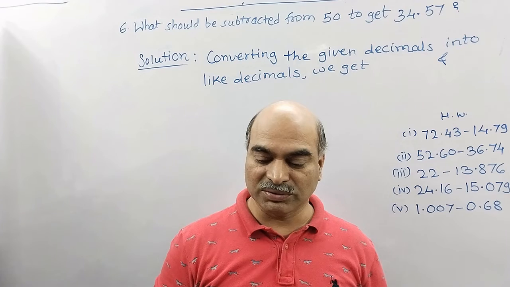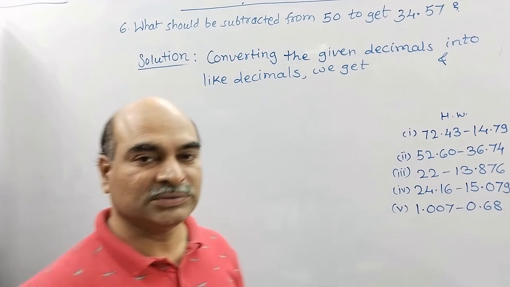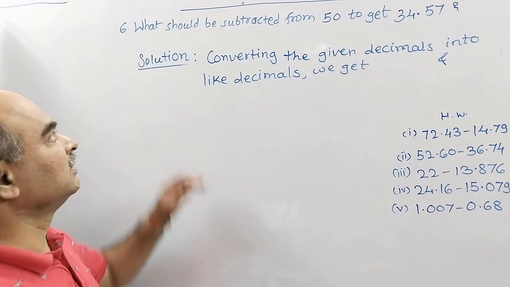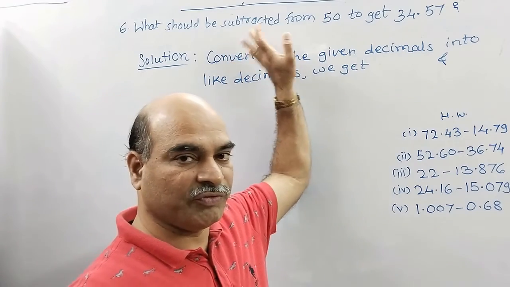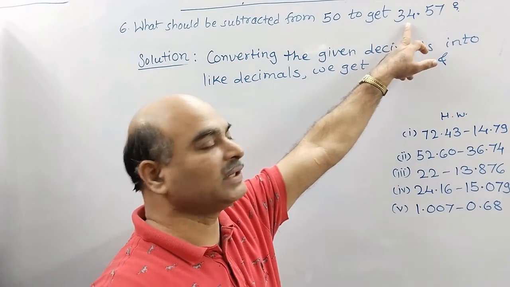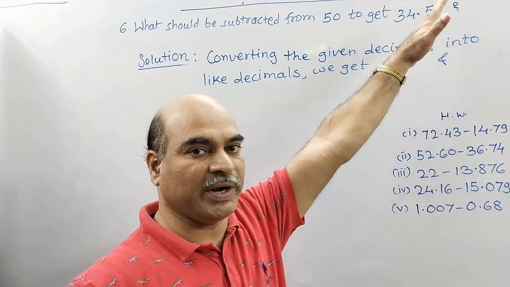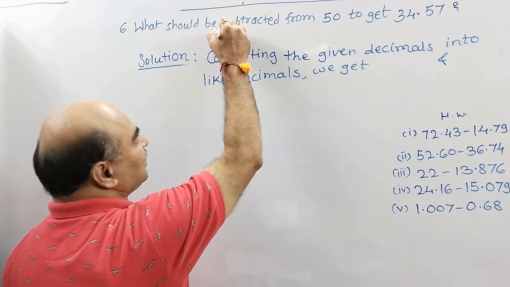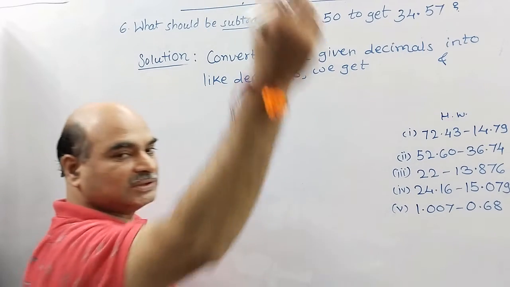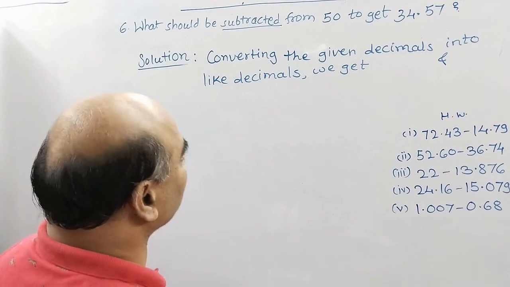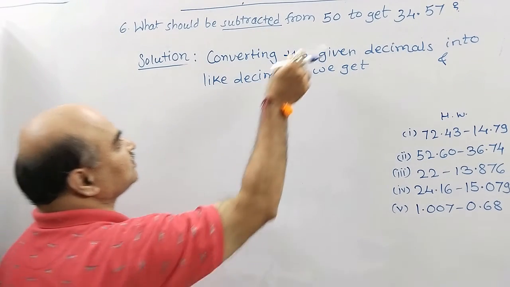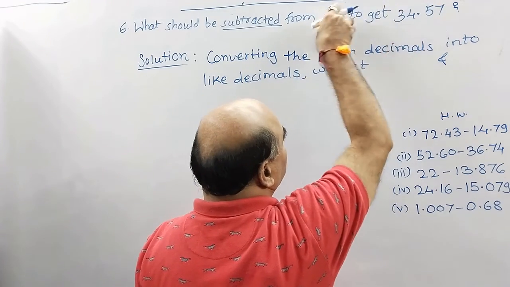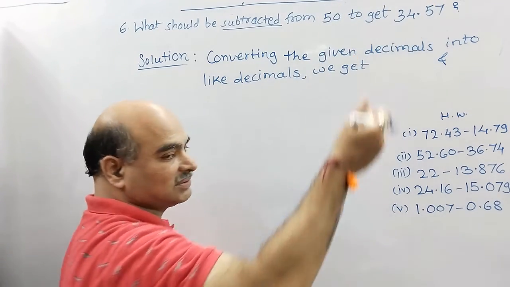The next sum we are going to solve is sum number 6. What should be subtracted from 50 to get the decimal 34.57? It is directly given that what should be subtracted, so this is a subtraction sum. Now these two numbers are not like decimals.